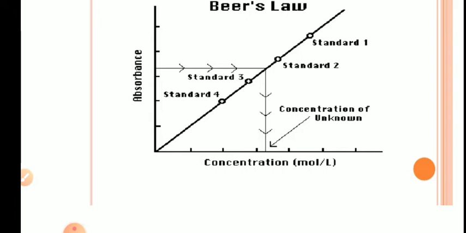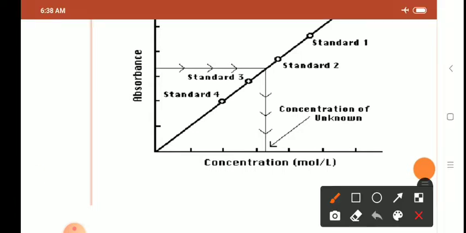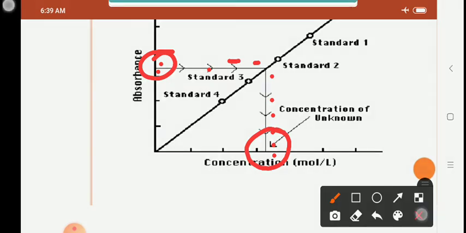Then you mark the absorbance of the unknown compound on the y-axis, extrapolate it on the standard graph, and extrapolate that point to the x-axis, and the point where it meets the x-axis is the concentration of the unknown compound. So quantitative estimation, that is concentration of an unknown compound, can also be calculated with the help of a UV visible spectrophotometer by using Beer's law.